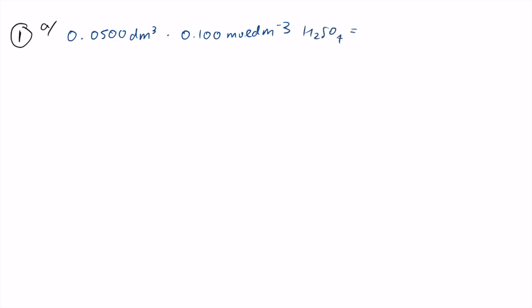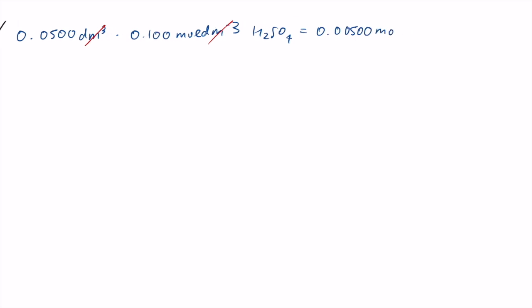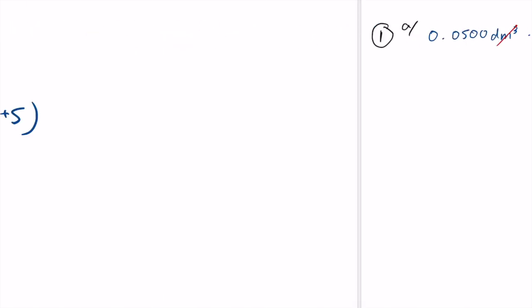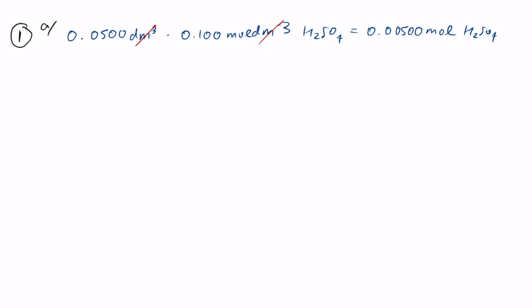This was given to us in the question, and the reason we converted to decimeters cubed is because we want these two things to cancel out, leaving us with moles. And so to the proper amount of sig figs, that's just 0.00500 mole H2SO4.